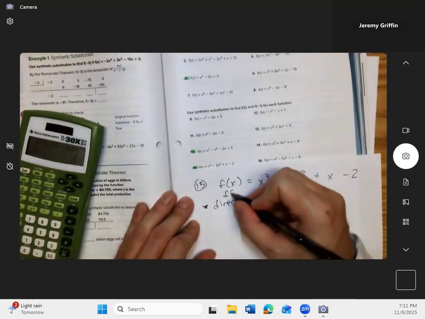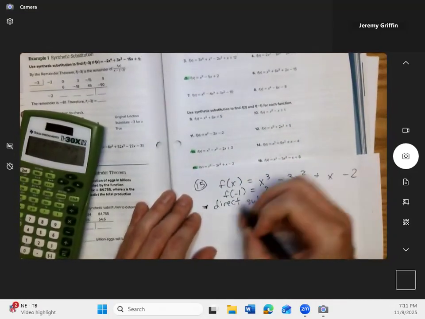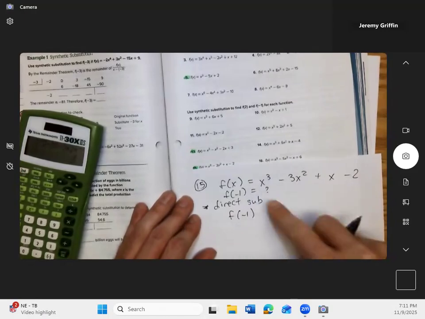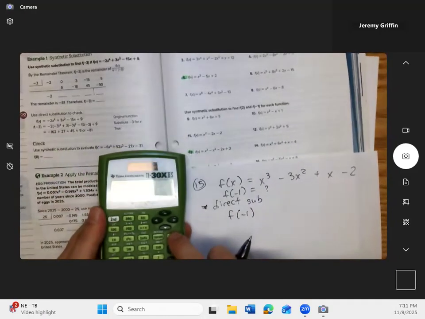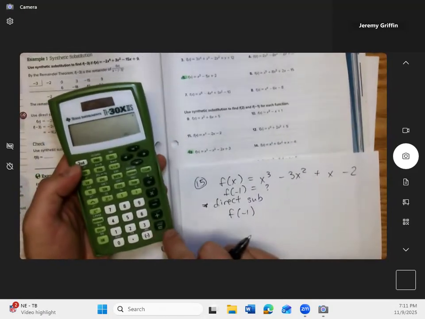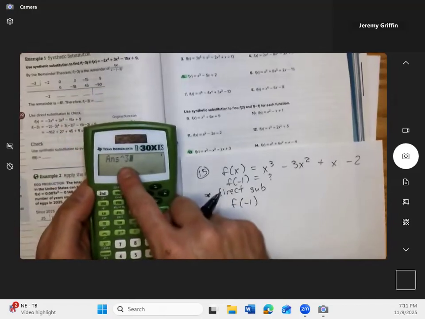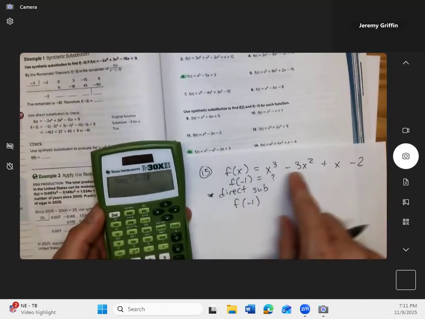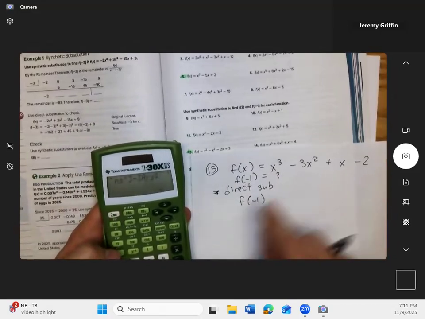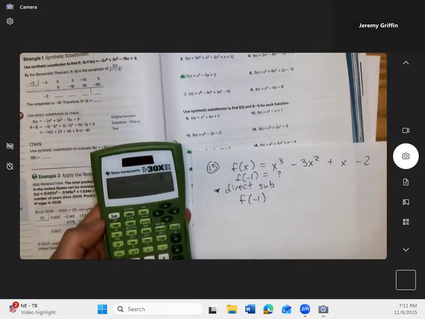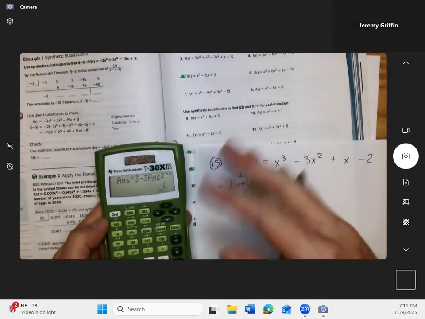Let's try f of -1. So if I plug in -1, let me show that variable trick I should have been showing you guys. I do second answer, add that to the power of 3, minus 3 answer squared plus answer minus 2. I'm going to hit enter, but the first answer is junk. Don't worry about that.